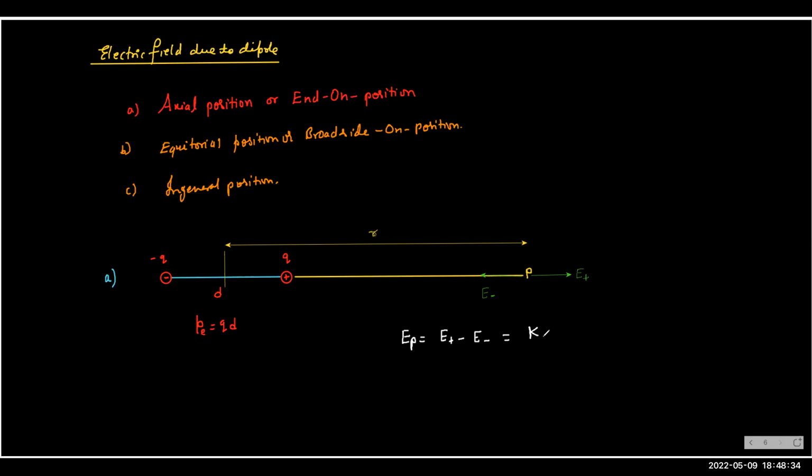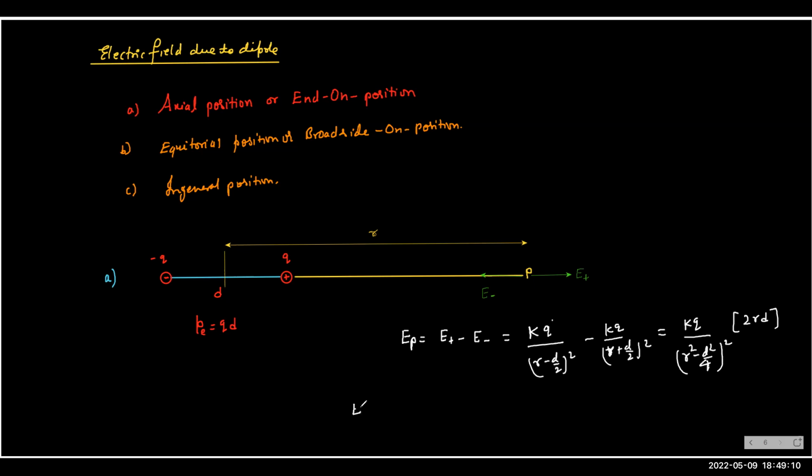Just find the regular formula, which is KQ upon r minus d by 2 whole square. And so the answer will be r square minus d square by 4 whole square into 2r. Correct.